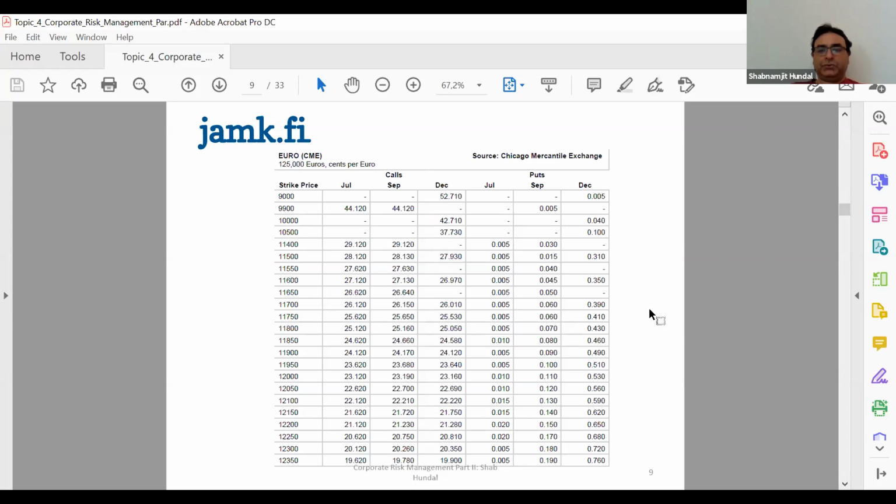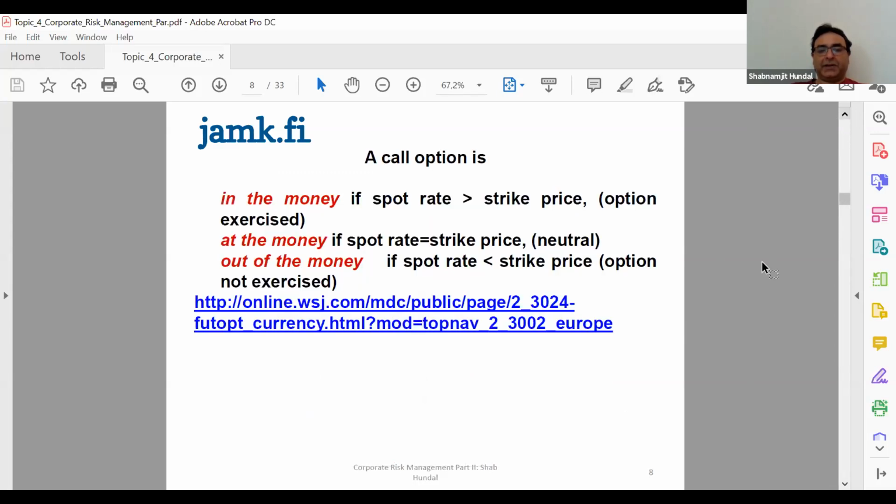If you want to see the real market data of call options, you can have a look. You can see these pages online. The Wall Street Journal is a fantastic source of information on option prices.